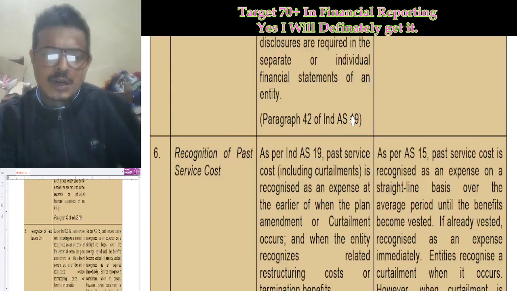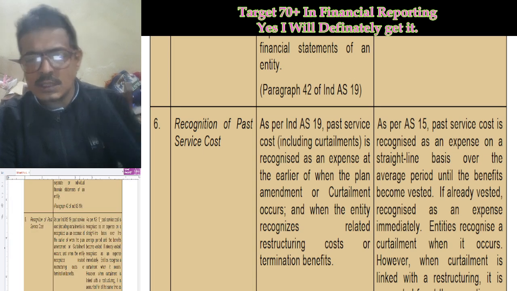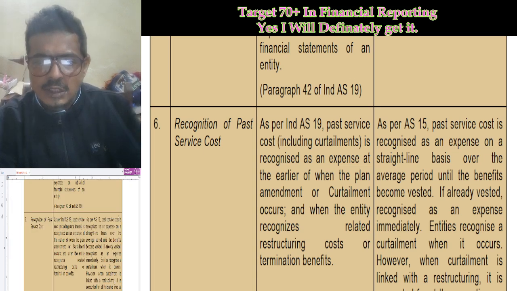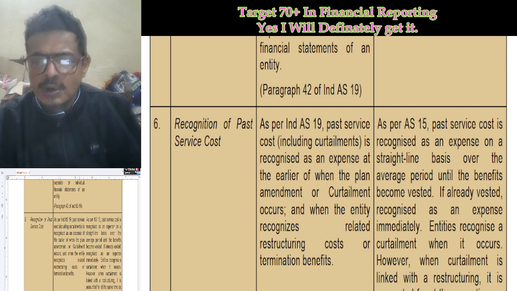Another one is recognition of past service cost. As per Ind AS 19, past service cost including curtailment is recognized as an expense at the earlier of when the plan amendment or curtailment occurs and when the entity recognizes related restructuring cost or termination benefit. In AS 15, past service cost is recognized as an expense on a straight-line basis over the average period until the benefit becomes vested.